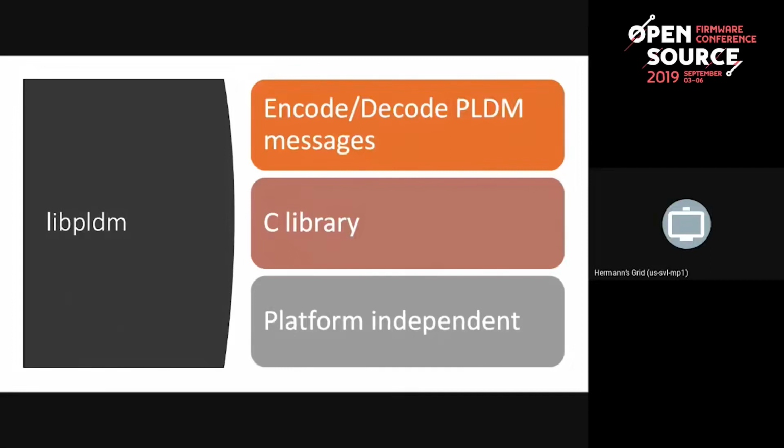This is a C library, and the primary purpose of this library is to define data structures that help in serializing and deserializing PLDM messages. It lets you do things like encode a PLDM message, both request and response messages, and it also has APIs for decoding incoming PLDM request messages or decoding incoming responses.